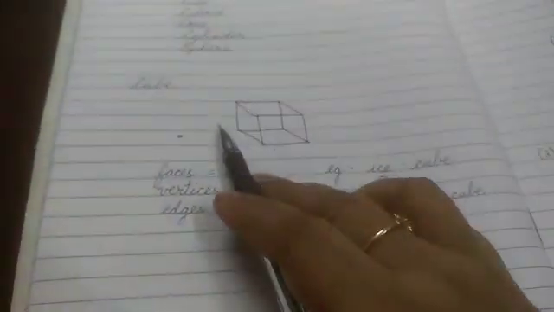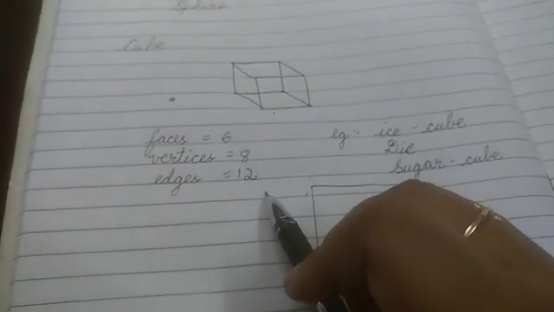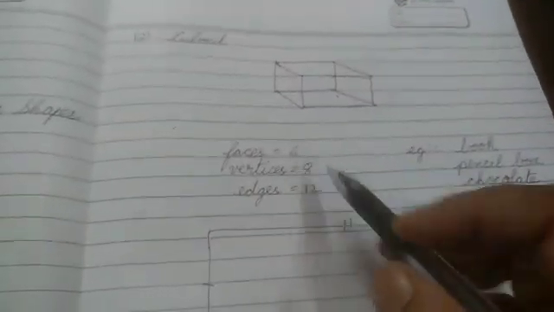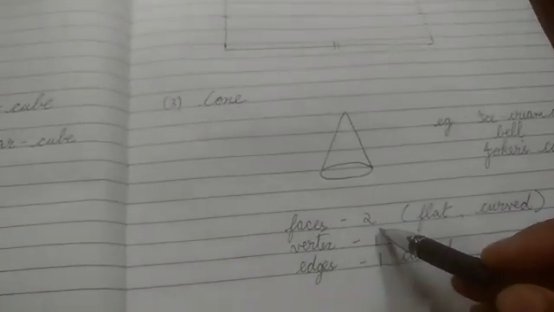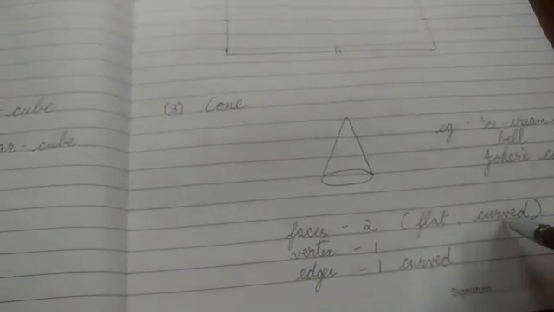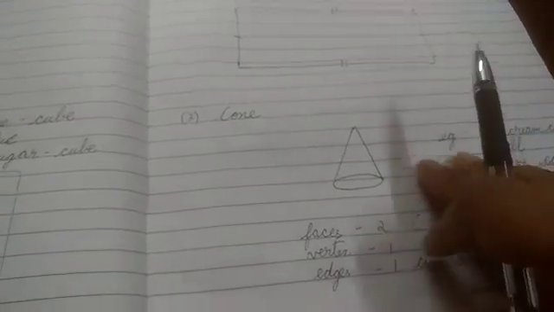Let us do a revision. This is your cube. How many faces? 6 faces, 8 vertices and 12 edges. Then comes your cuboid. It has 6 faces, 8 vertices and 12 edges. Okay. Then comes your cone. It has 2 faces, that is one flat and one curved, 1 vertex and 1 curved edge.